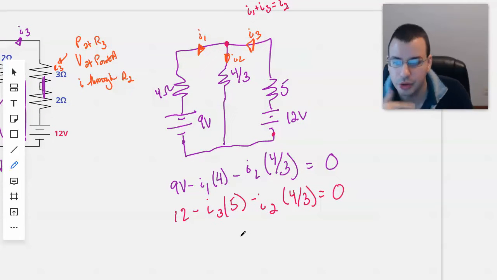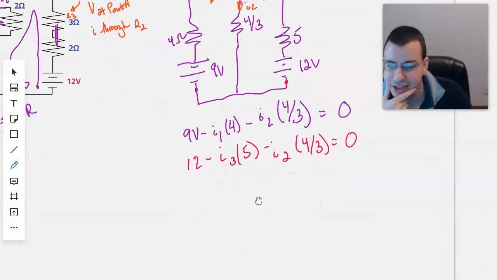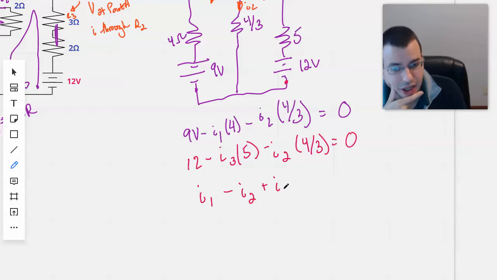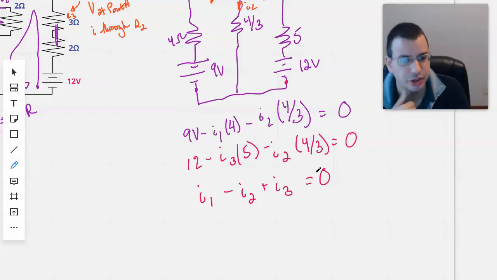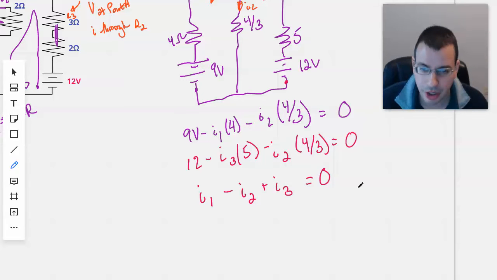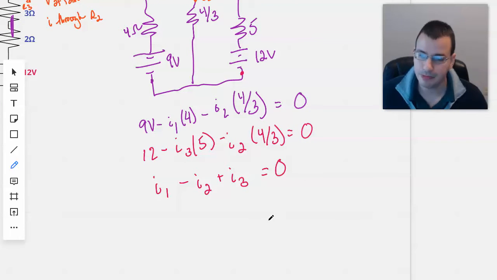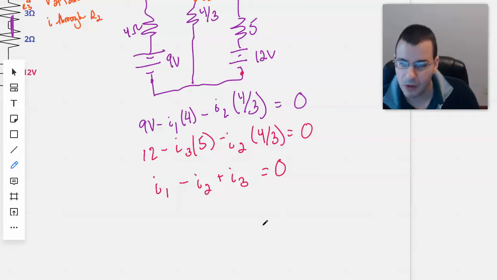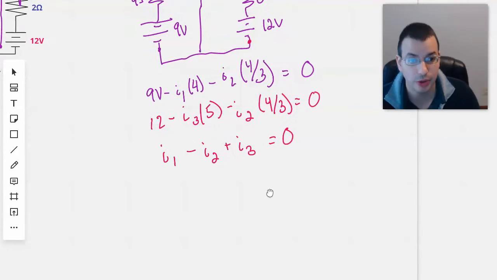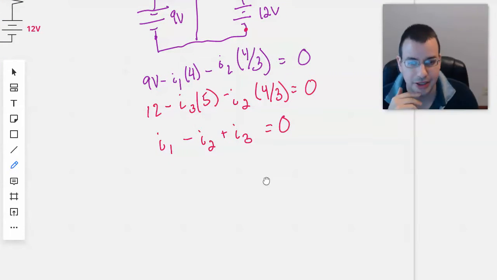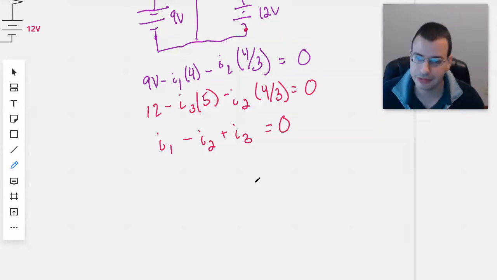I'm going to rewrite that slightly as I1 minus I2 plus I3 equals 0. All right, now I have these equations that I need to solve, and I am going to rewrite them in a slightly different format so it'll be easier to solve them.